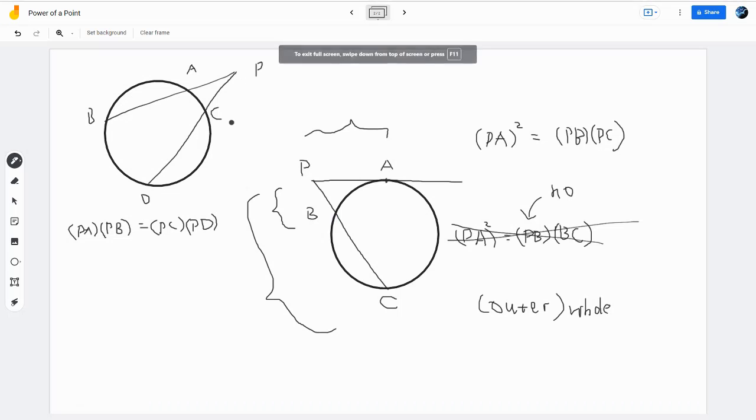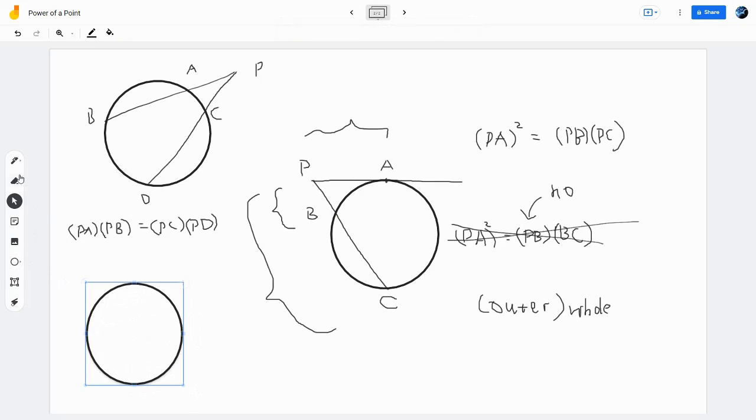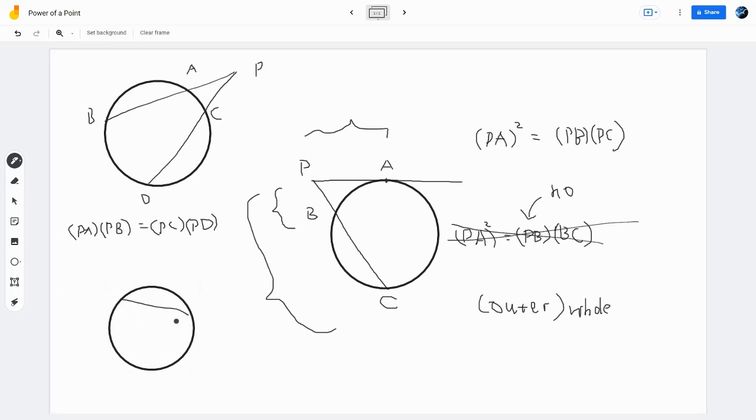If we write that down here, that's a circle, let me make a better circle. So if we have two chords, any two intersecting chords, let's have AB and CD intersecting at some point X. This is the point of intersection X. Then AX times XB is going to be equal to CX times XD.